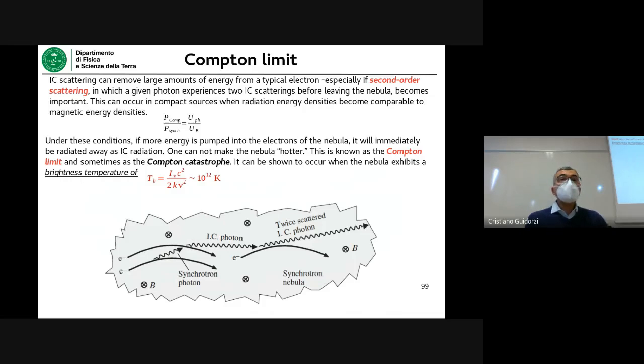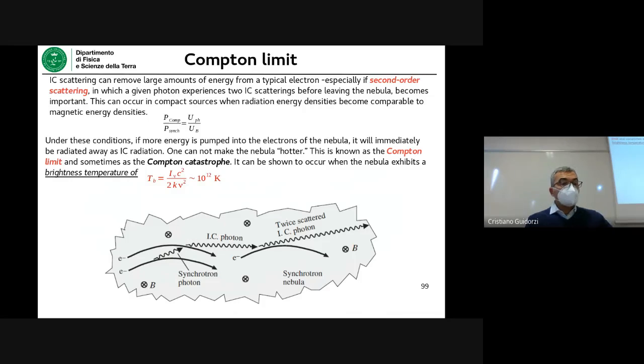Why? Because if you keep on adding kinetic energy to the electrons, all this energy will be dramatically dissipated by the synchrotron self-Compton. Because if you slightly increase the energy, there is a mechanism, in particular with the second order scattering, which amplifies it. If you increase the gamma of the electrons, you increase the power of the synchrotron emission with gamma squared.